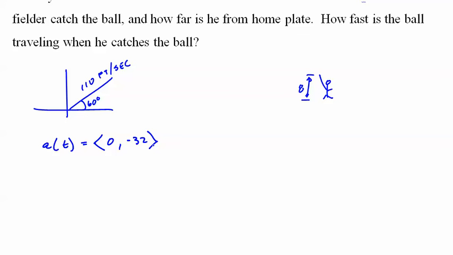No t. Being pulled down. So the velocity vector, well, we were given, and make sure I get this right, yes, x is 110 cosine of 60, which is just 55.